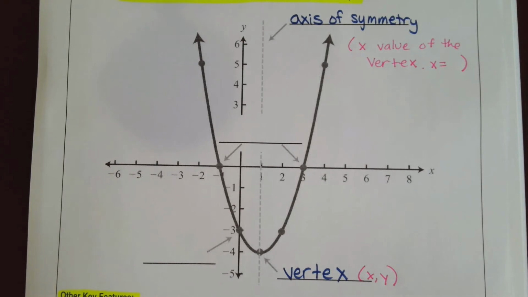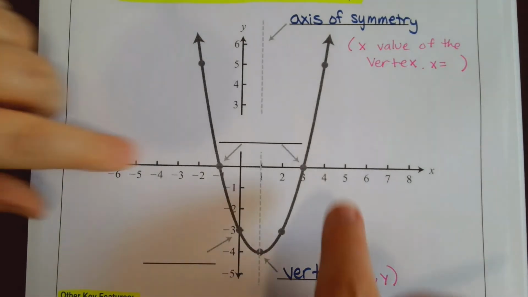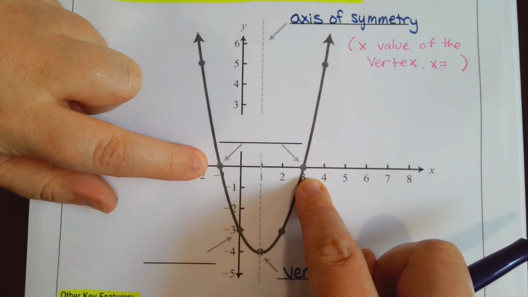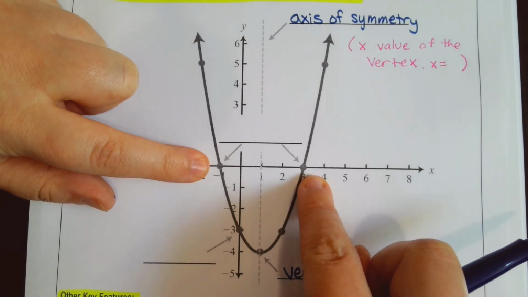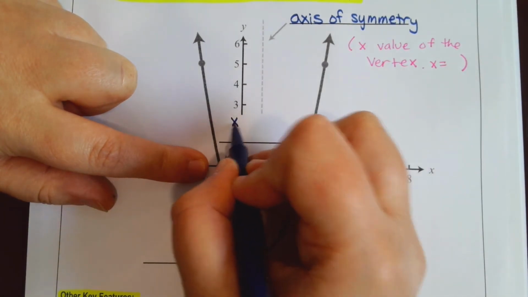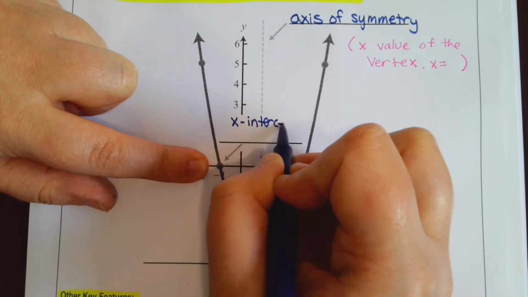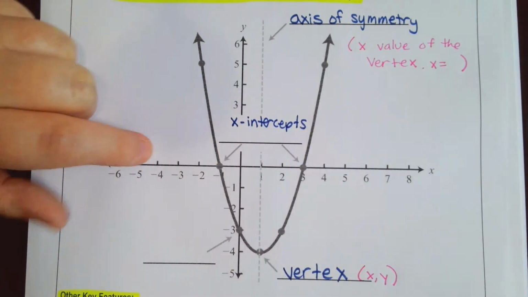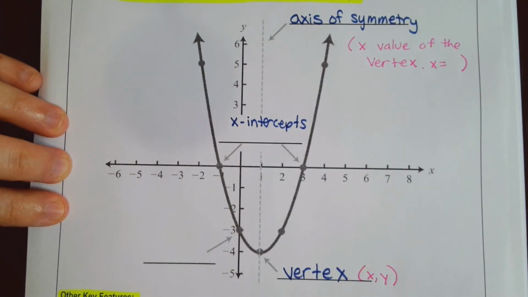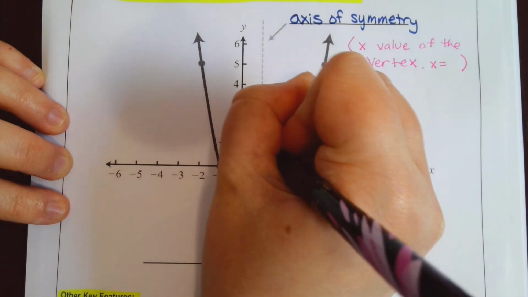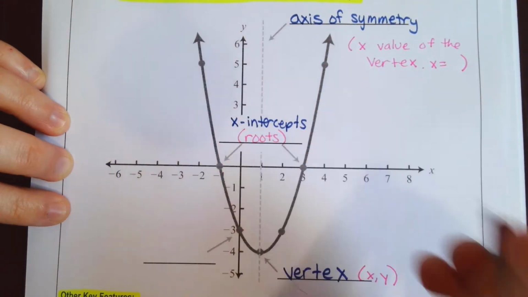A few more parts of the graph. These points right here that are intercepting the x-axis are our x-intercepts. But there's also another common name that you're going to see, and that is the roots.